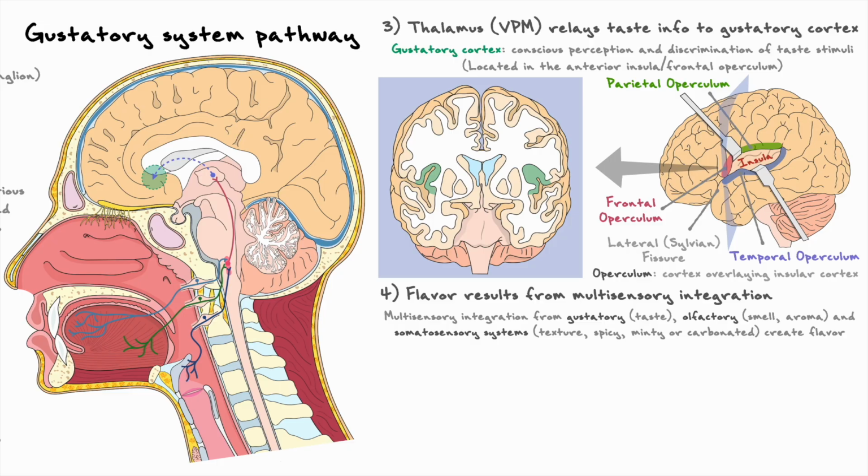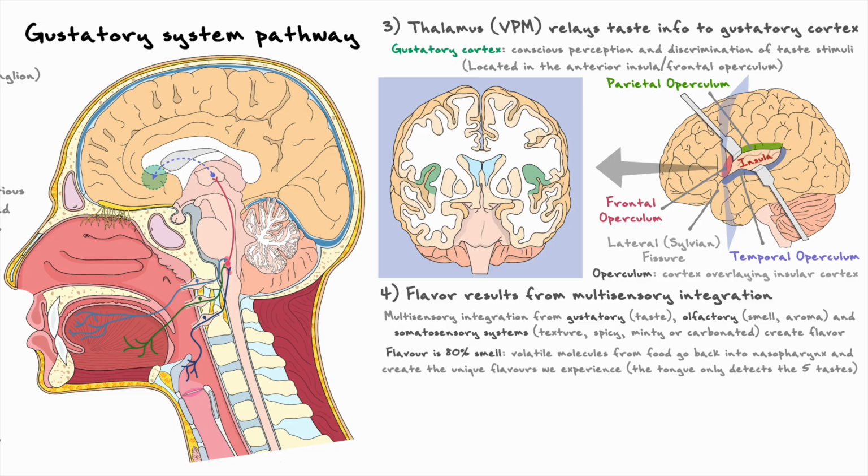This is an important distinction to make, and it explains the common saying that flavor or taste is 80% smell. Indeed, when you eat, volatile molecules from your food go back to the nasopharynx, where they'll interact with the olfactory system, and this will produce the unique flavor we experience. While still important, the tongue only detects the 5 tastes that we have mentioned and doesn't discern between, let's say, an apple flavor versus an orange flavor.